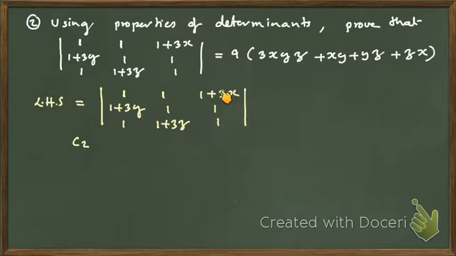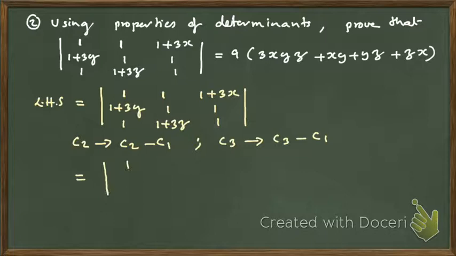Although I can't get the entire term 0, at least that 1 will go to 0. So my operation is going to be C2 changes to C2 minus C1 and C3 changes to C3 minus C1. So from C2 I will take away C1 and also from C3 I will take away C1. C2 minus C1 and C3 minus C1. So let's do that.